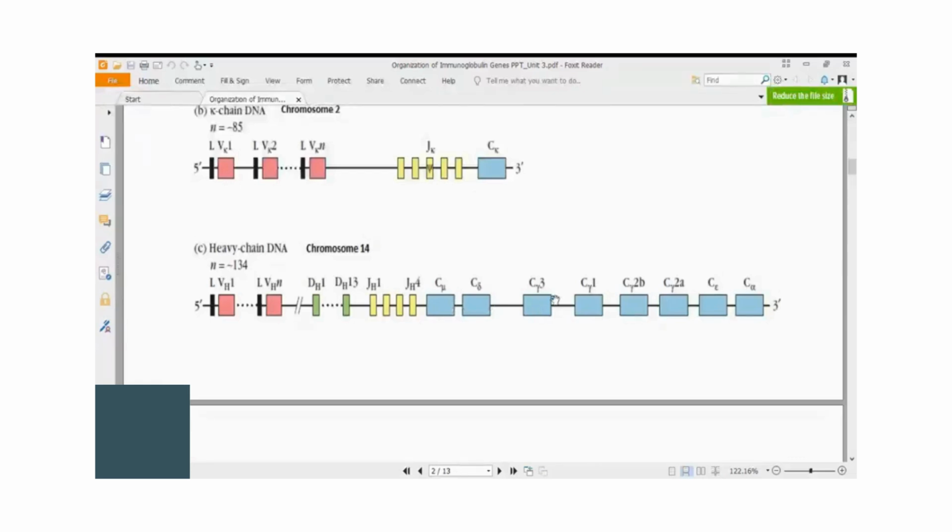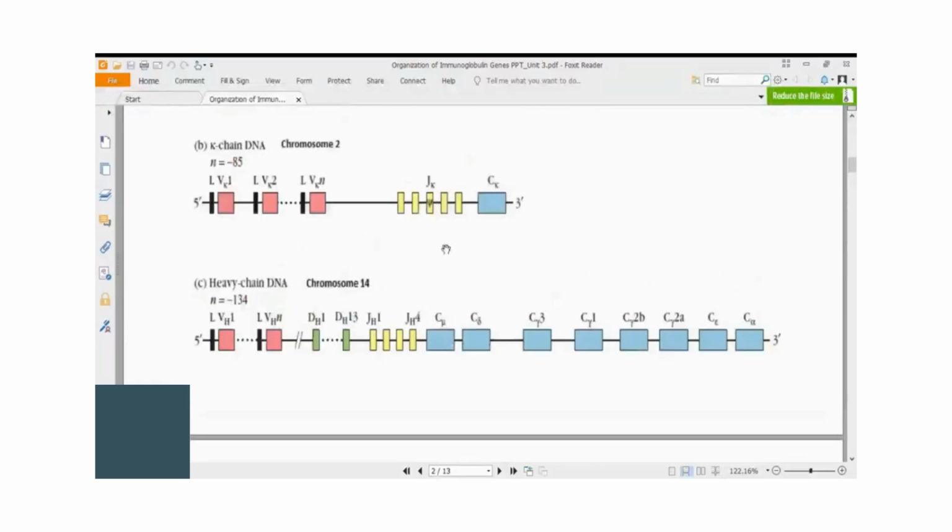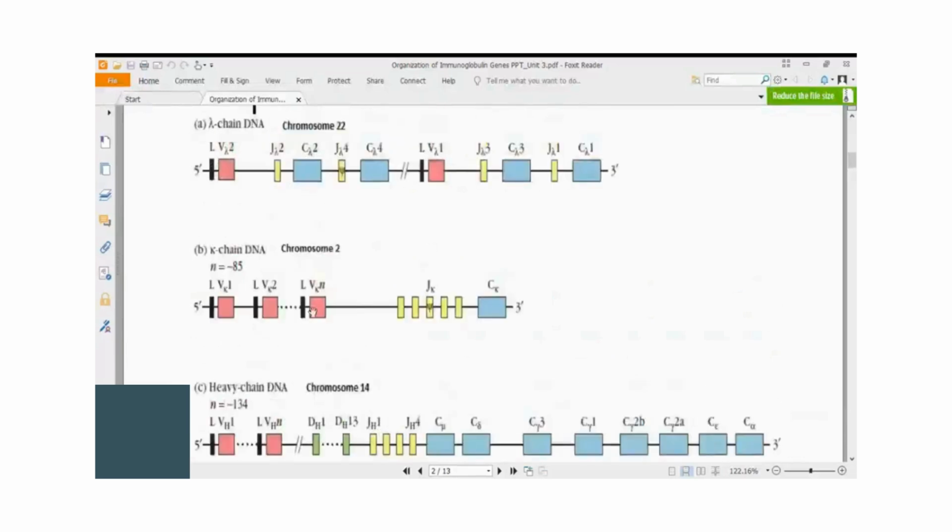So recombination in the heavy chain will be VDJC. Recombination in the light chain will be VJC, J for joining.